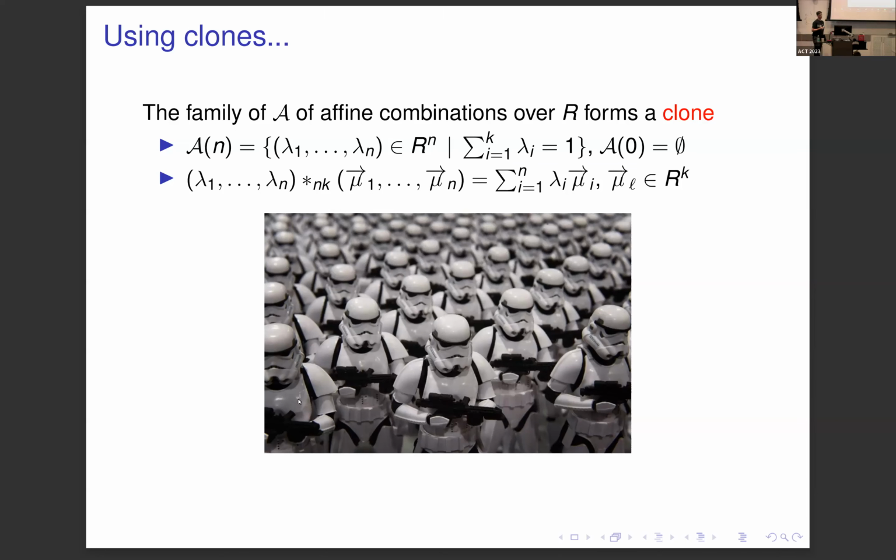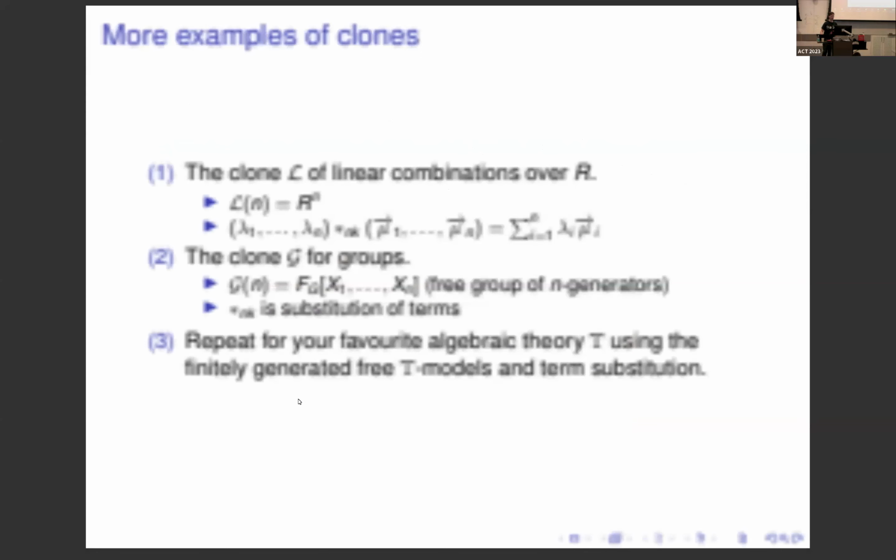A clone comes from universal algebra and is essentially the algebraic structure to deal with substitution of terms. So let's have a look at a few examples. When I'm forming affine combinations of affine combinations, that is exactly the substitution of terms that I'm talking about, and that encodes the whole theory of affine spaces.